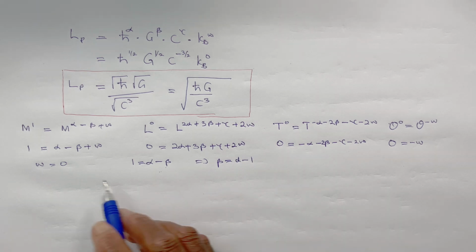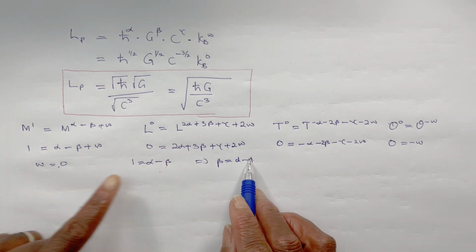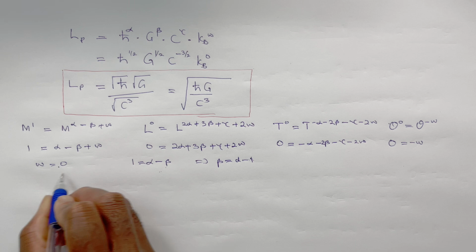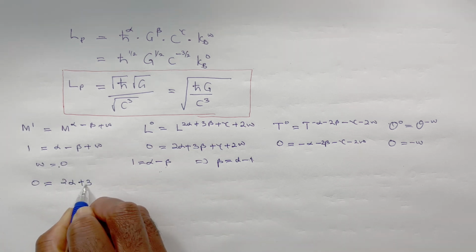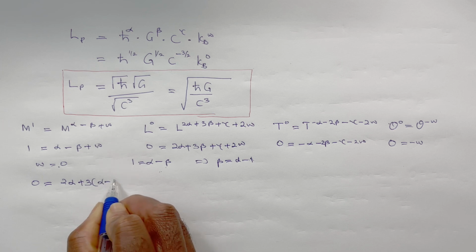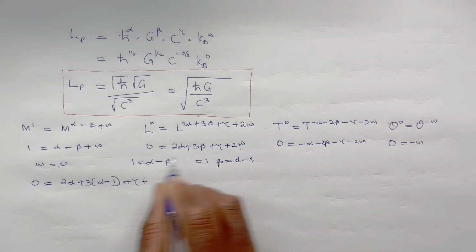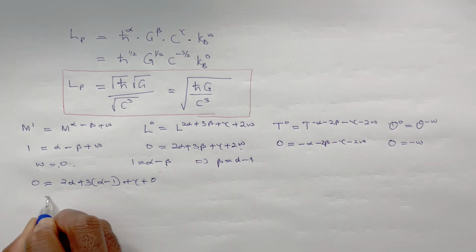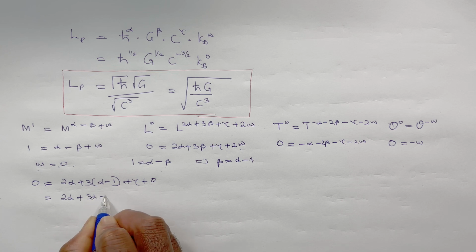So I'm going to put this and that into there. I would get 0 equals 2 alpha plus 3 into bracket alpha minus 1, because I'm putting beta there, plus gamma plus 0, because omega is 0. That will be 2 alpha plus 3 alpha minus 3 plus gamma equal to 0.